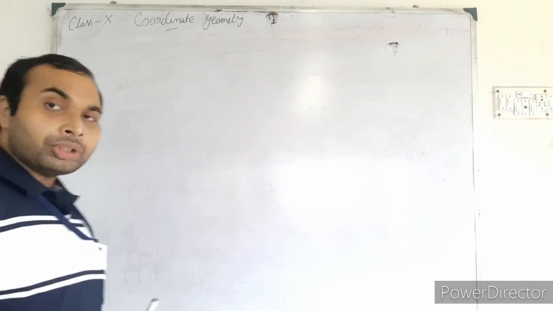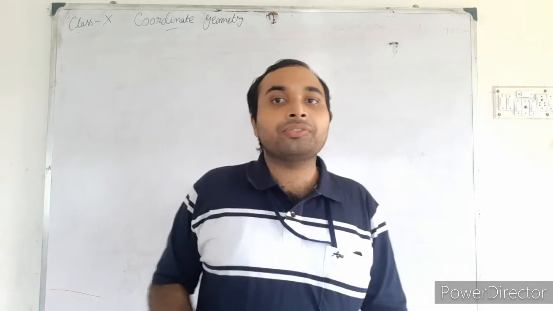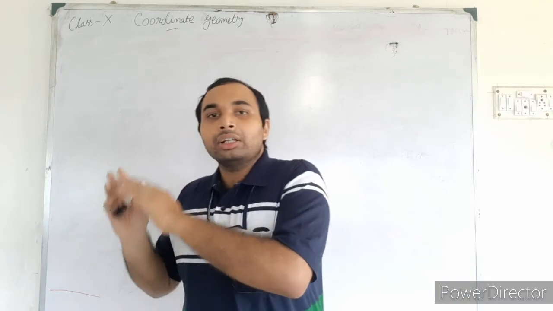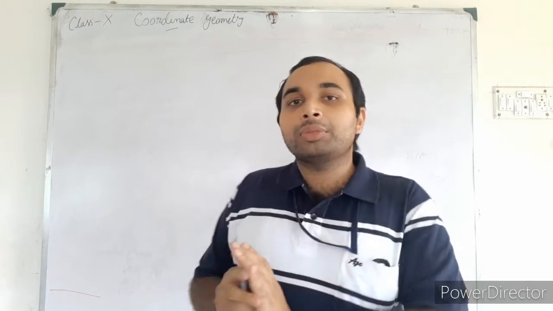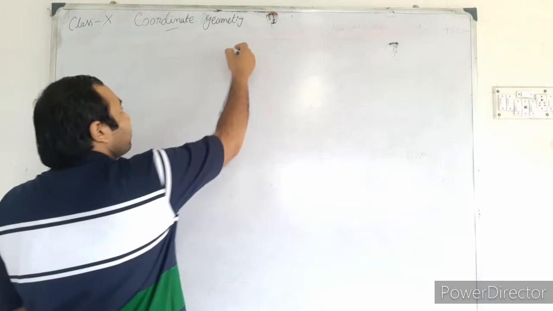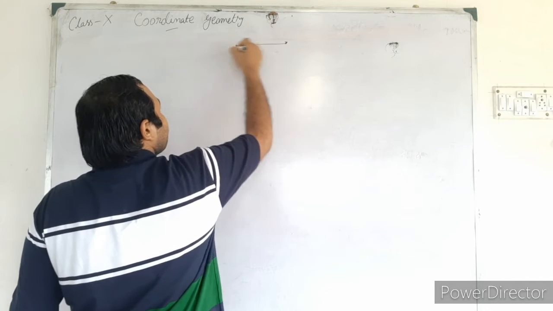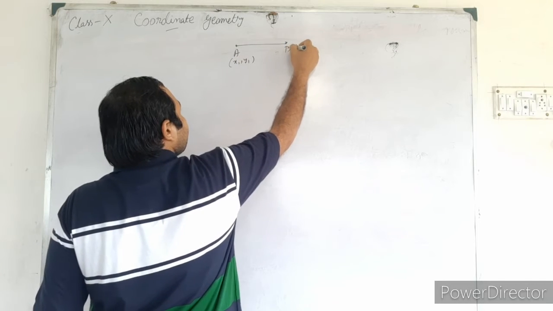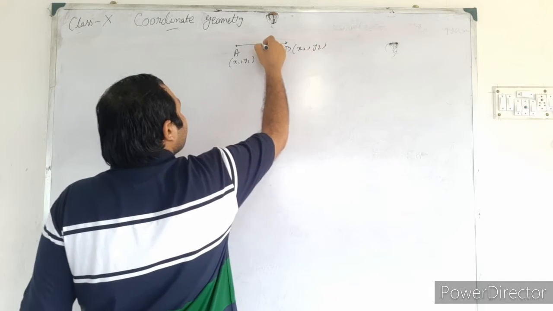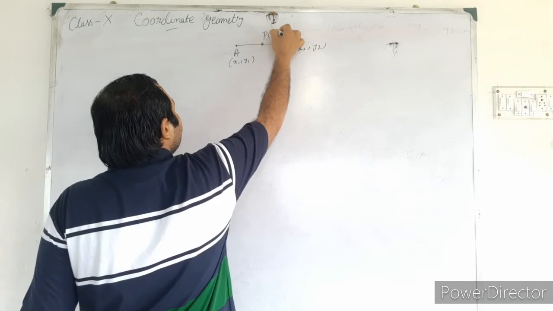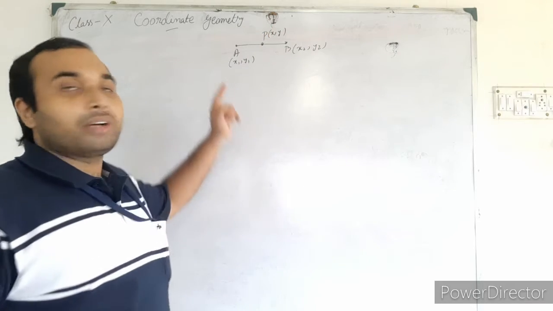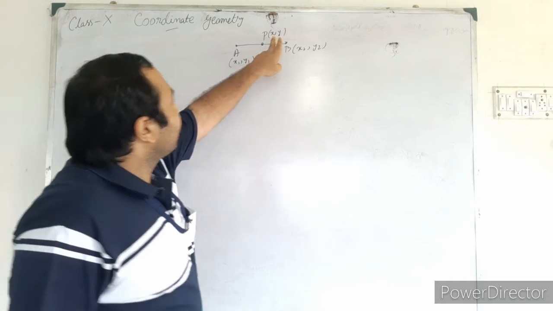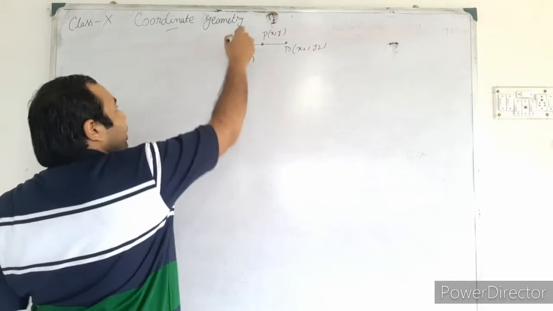So in continuation with the section formulae, we will get another formula, that is the coordinate of the midpoint of AB. If this is the AB line with A (x1, y1) and B (x2, y2), and P(x, y) is the midpoint of the line AB, then what will be the coordinates here?